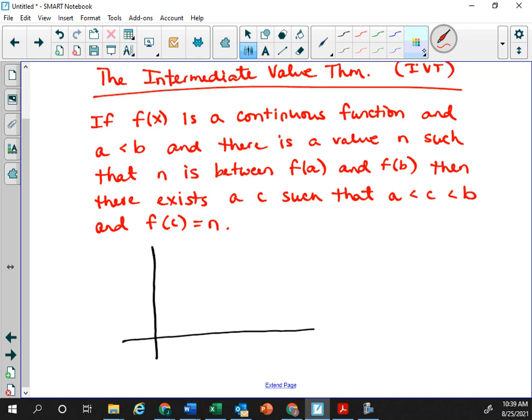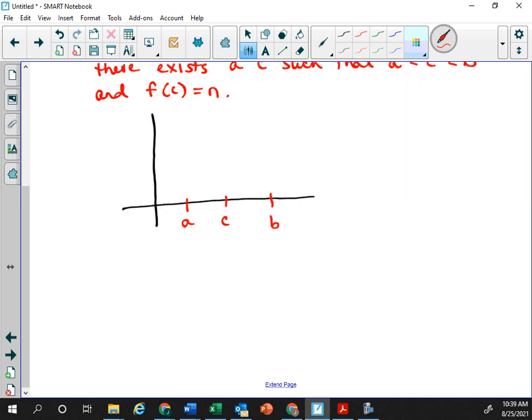Okay, so it's just a little graph here. On the x-axis, I'm going to say that is A. B is over here. And remember it said A is less than C is less than B. That means C goes somewhere in between A and B. It's not necessarily right in the middle, just in between A and B. All right, I'm going to draw a little graph for us here too.